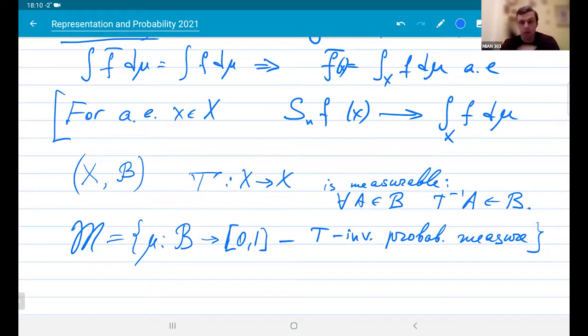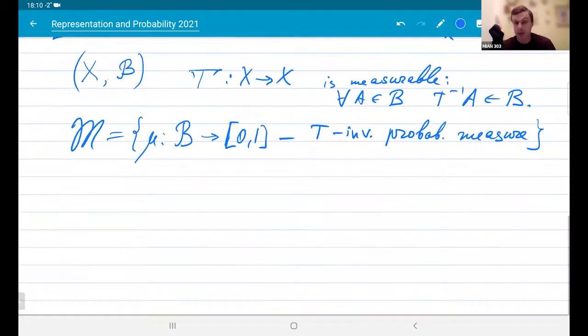And as for ergodic measures, this set has some structure.